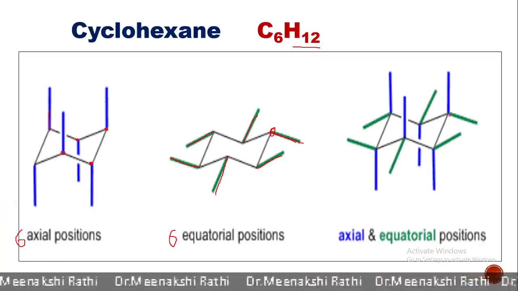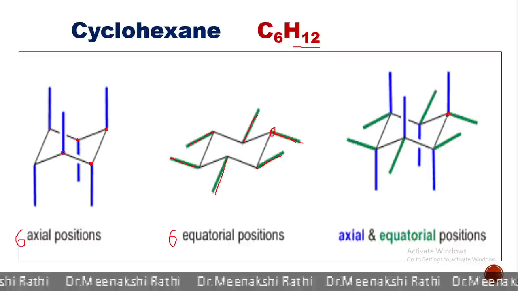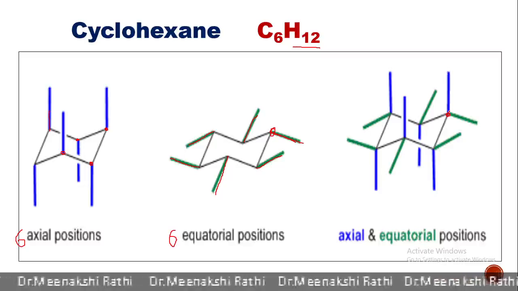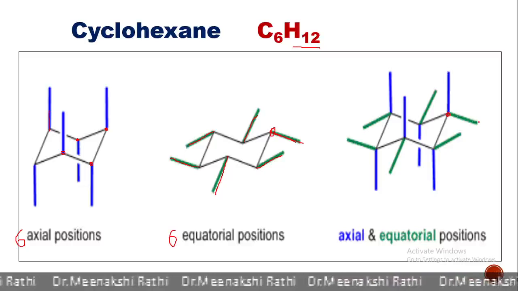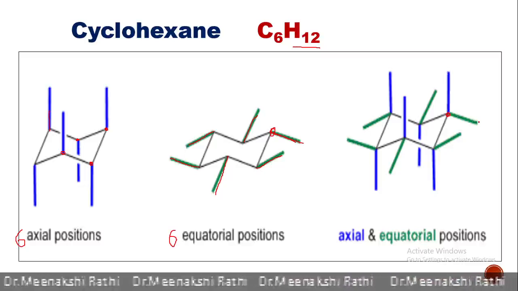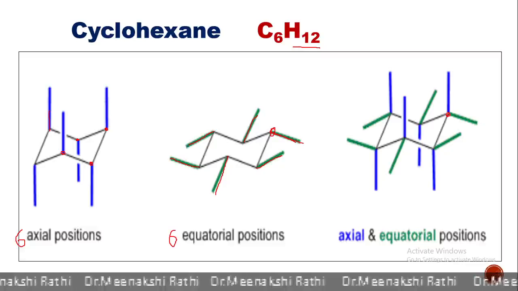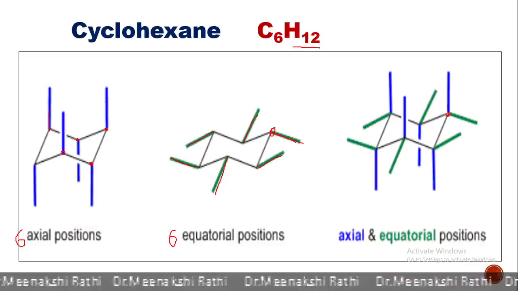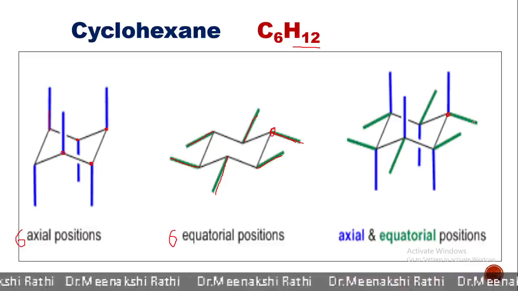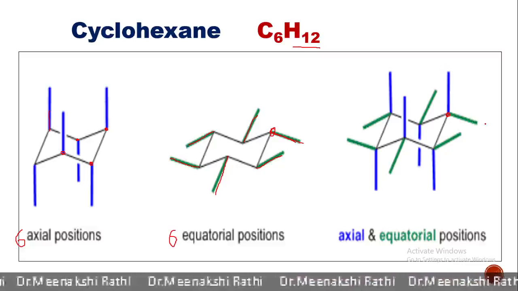You can see here, at each carbon atom, one is axial, which is shown in blue color, and one is equatorial hydrogen. If axial hydrogen is above the plane, then at the same carbon atom, the equatorial hydrogen is always below the plane.